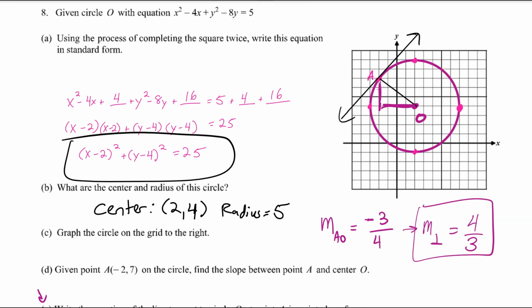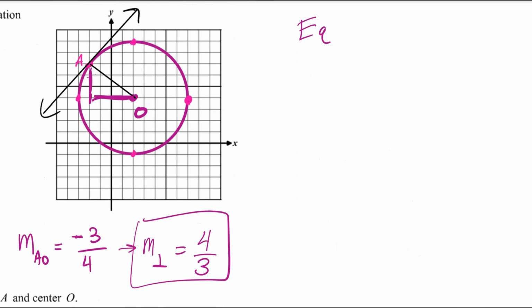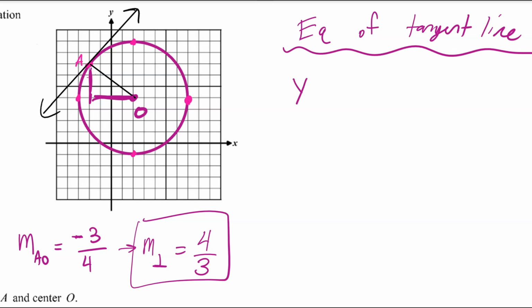So that's part E down there. I'll write it over here for the equation of a tangent line. So generally, point slope form is going to be the easiest to work with. And point slope form just looks like this. All you need to write the equation of a line in point slope form is one point on the line.